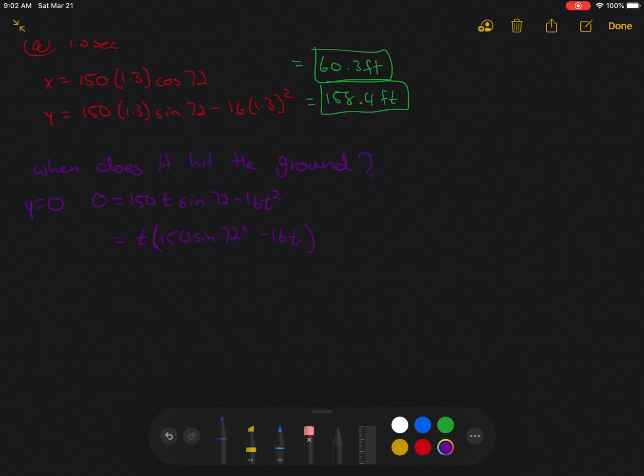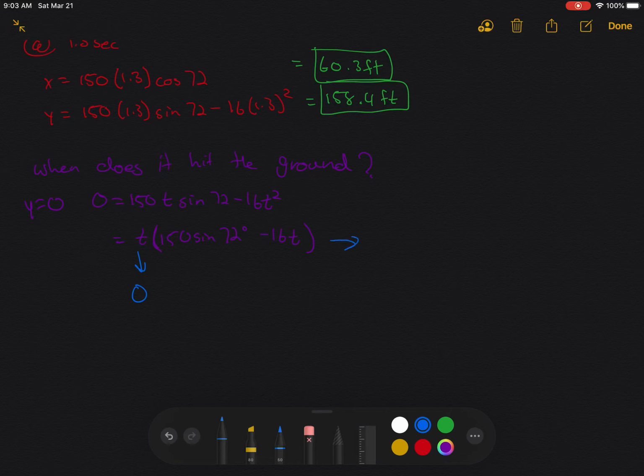Now we can use our factoring skills here. We know t is 0, so we have y equals 0 initially. That t out front tells us that we hit the ball from the ground. The first time, when the ball is touched, it starts from the ground. So that's the first one. The extra part inside the parentheses will tell us our finishing time.